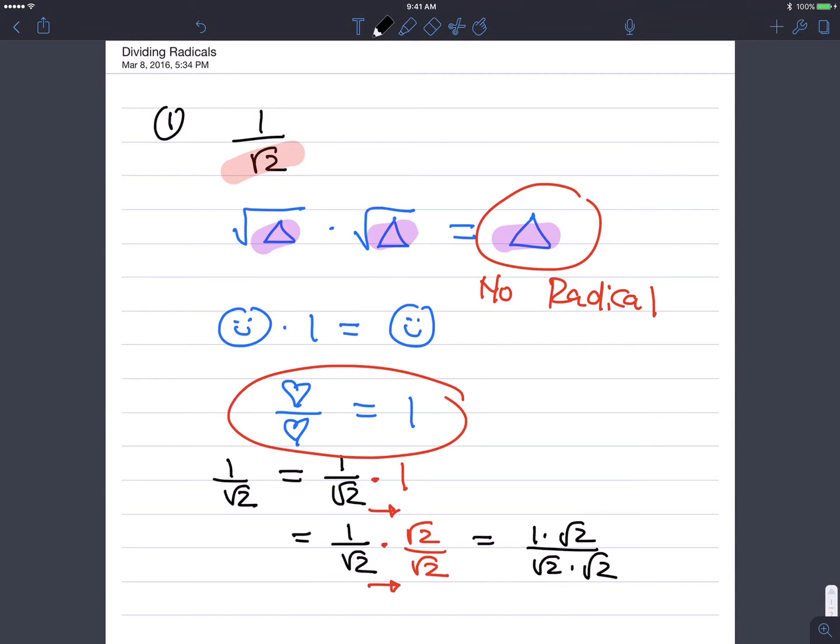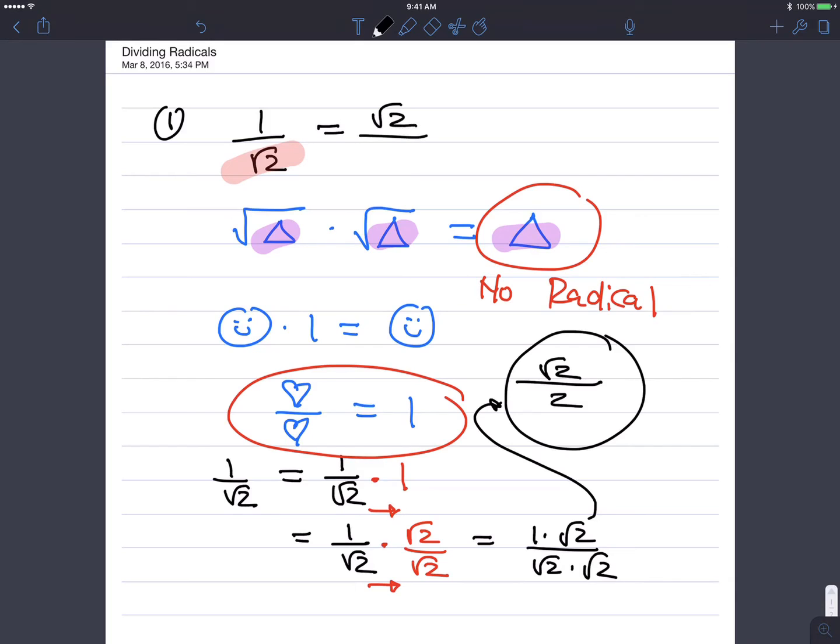If we look at our work, 1 times the square root of 2 is the square root of 2. The square root of 2 times the square root of 2 is actually 2. What you're seeing here is an equivalent fraction where the denominator no longer has a radical.